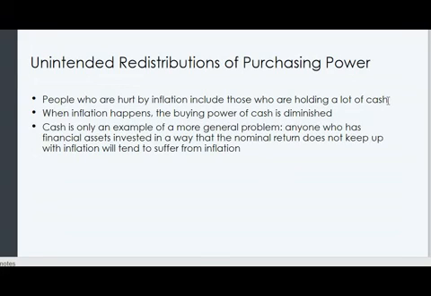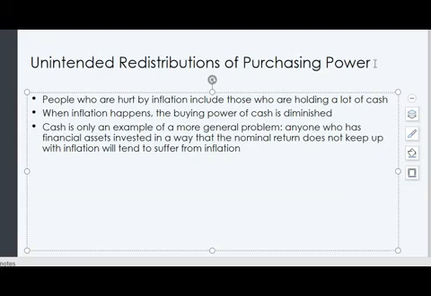So, pag madami kang pera na hawak, yari ka pag nagkaroon ng inflation kasi during inflation, bumababa or nababago yung value ng pera. Yung dating 1,000 mo, na hawak-hawak mo, pag nagkaroon ng heavy inflation, baka maging 100 pesos na lang ang tumbas niyan. Okay? So, lugi ka. Cash is only an example of a mere general problem. Anyone who has financial assets invested in a way that the nominal return does not keep up with inflation will tend to suffer from inflation.